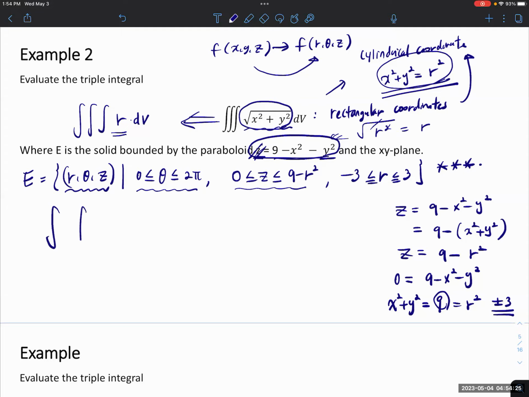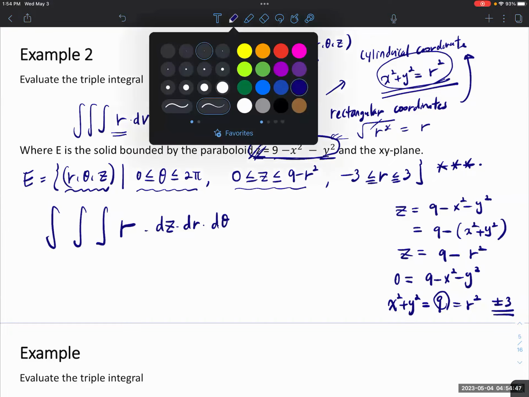Now take the triple integral. So we already converted this rectangular to r, right? And now it's up to you. You can begin with z or you can begin with r. Theta, the order doesn't matter. I'm going to use dz, dr, d theta.